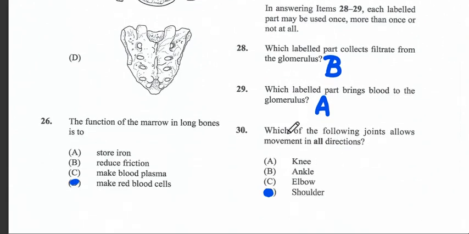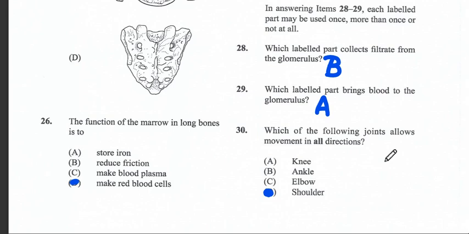Alright, number 30. Which of the following joints allows movement in all directions? We are talking about the joints in our body. Our knee cannot bend backward. Our ankle neither.